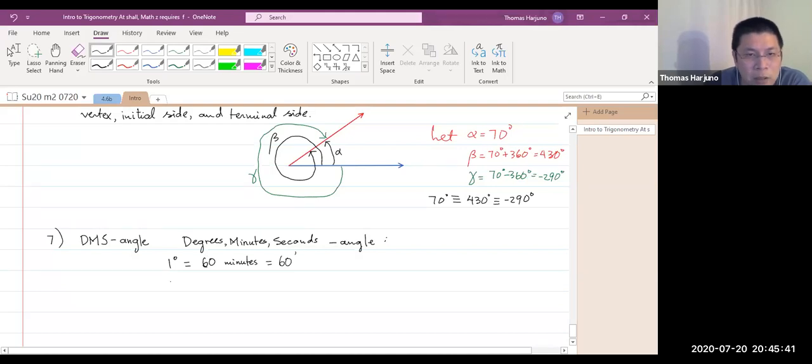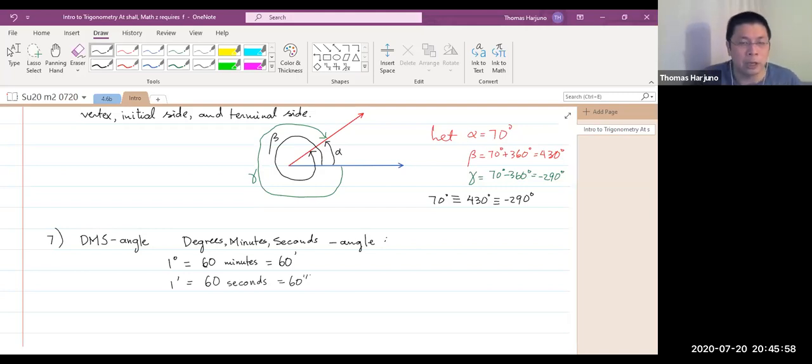And 1 minute is equal to 60 seconds, just like the way we do our clock. So instead of making it into decimal, we break them up into degree, minutes, seconds.